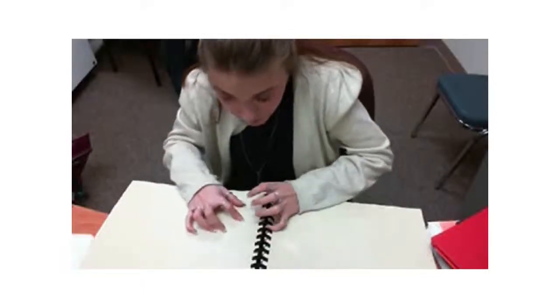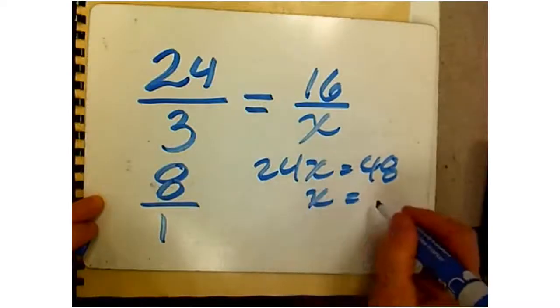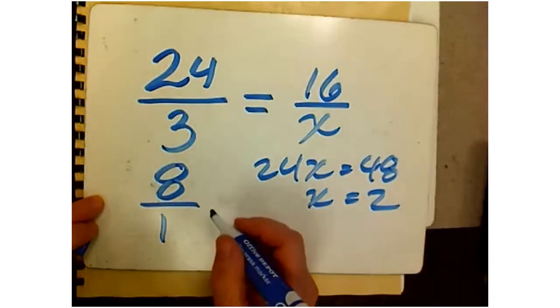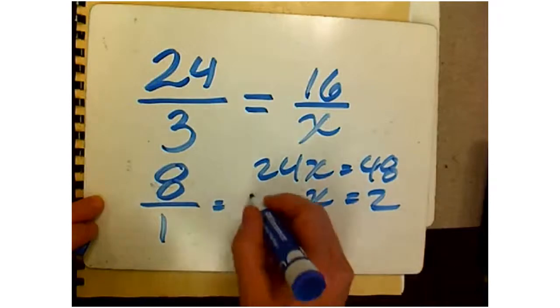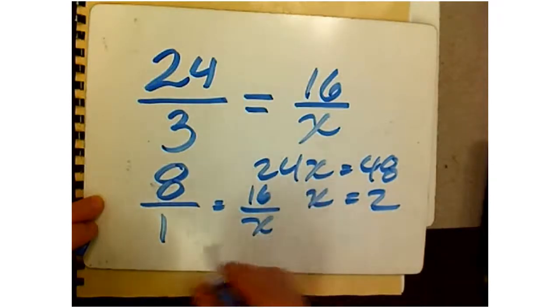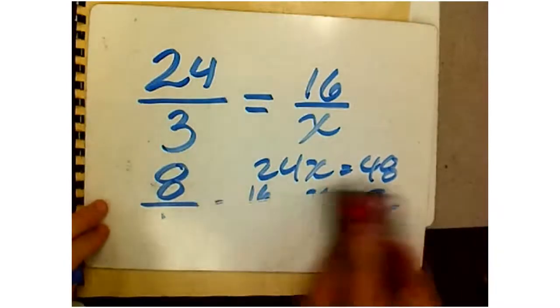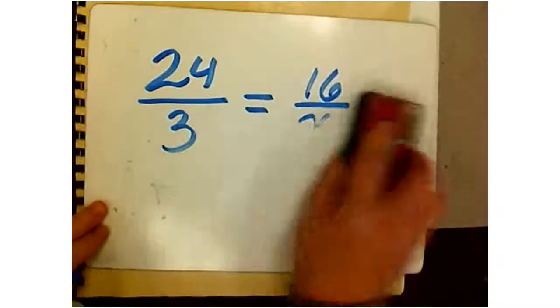Divide by 24, and x equals 2. Excellent. Or you could have 8x equals 16. 16 divided by 8 is 2, right? So it's an 8 to 1.